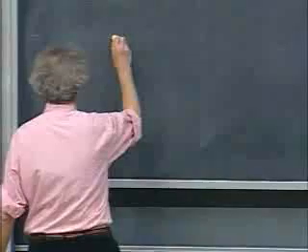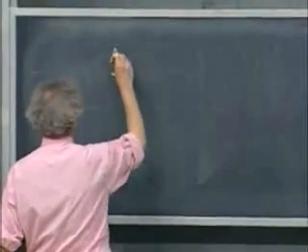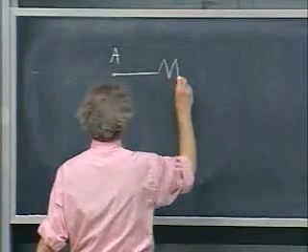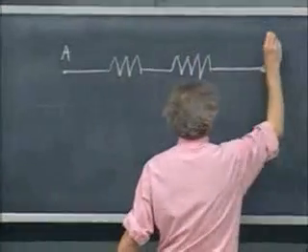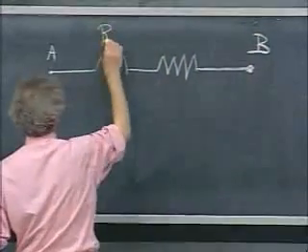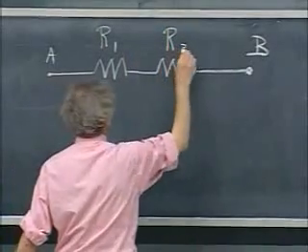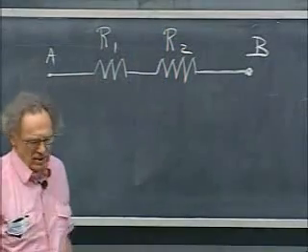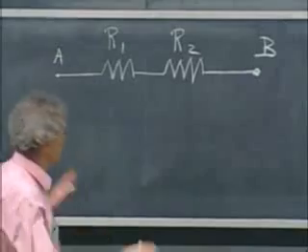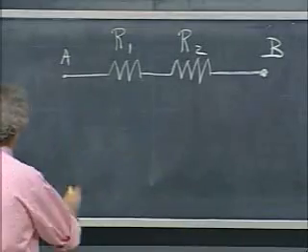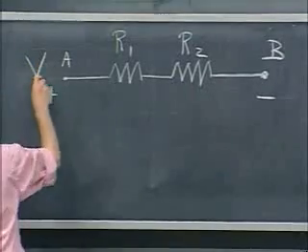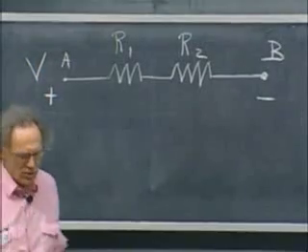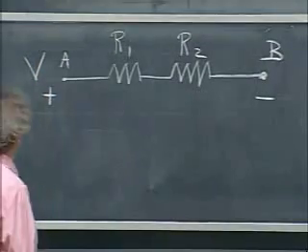So suppose I have here, between point A and point B, two resistors, R1 and R2. And suppose I apply a potential difference between A and B, let this be plus and this be minus, and the potential difference is V. And you know V, this is known.